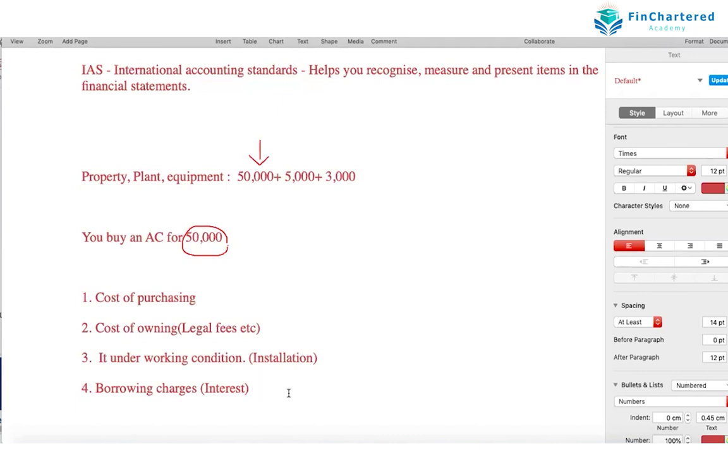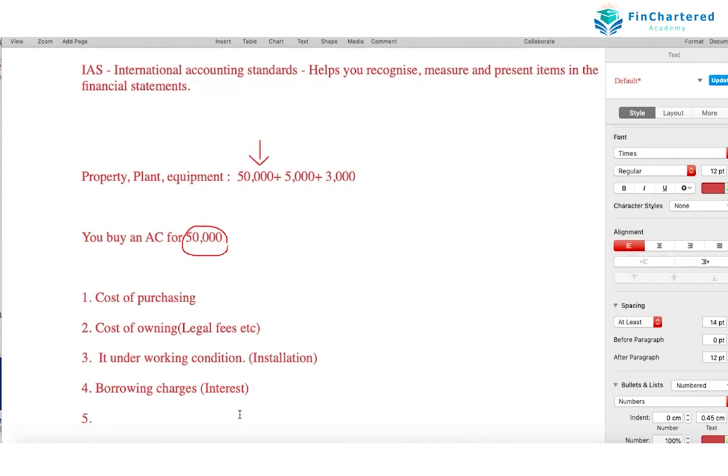So first is the cost of purchase, second is the cost of owning, maybe any legal fees that you have to pay, maybe any stamp duty that you have to pay. Then what? Cost of installation and cost of borrowing charges. And AC, once you install it, can you leave it like that forever? It's your own AC. After installing, you also have to uninstall it, dismantle it later.